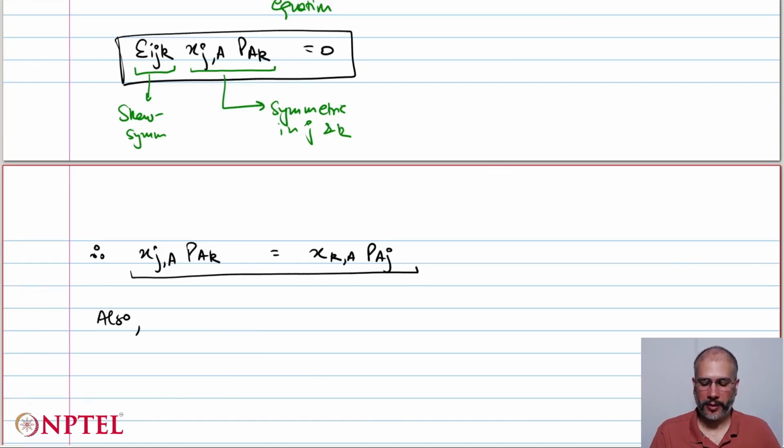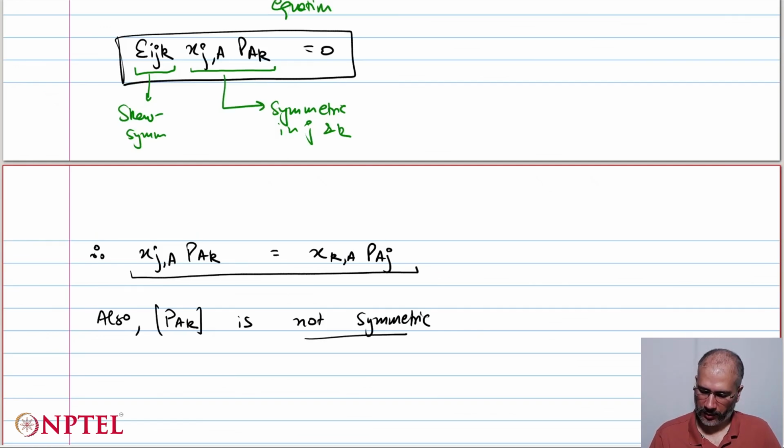So this also means that PK1 is not symmetric. It is xj comma A times PAK that is symmetric. The tensor PAK is not symmetric. And that's a very important point because unlike the Cauchy stress tensor, this is a non-symmetric tensor.